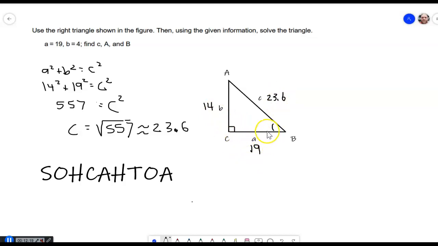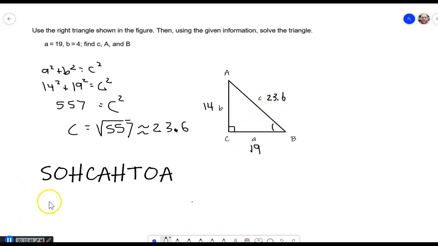So when I pick a trig function to use with this angle B, I want to use these two sides. Now, this side over here is the opposite side of B, and this side over here is the adjacent side of B, because this side over here is always the hypotenuse.